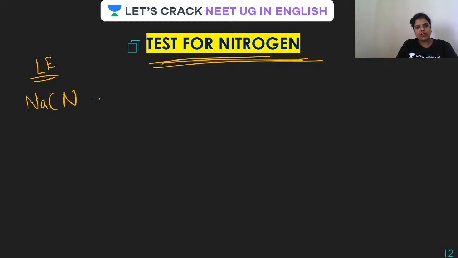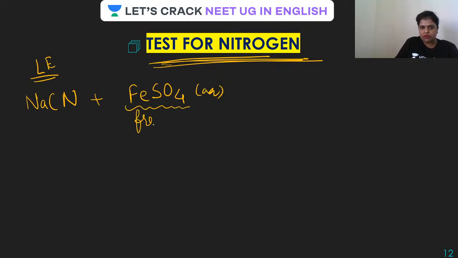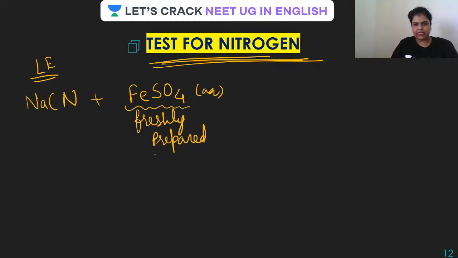I'm repeating, it should have NaCN. Then to that, add freshly prepared FeSO4 aqueous solution. Remember, this has to be freshly prepared, guys. Very, very important. I'll tell you why a bit later. And then, guys, just heat it.